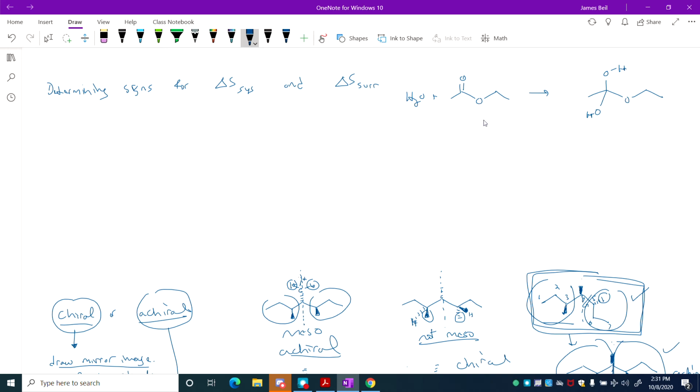So there are a lot of subtle details related to entropy, like the state of matter and the temperature and things like that. But what usually takes priority over all of that is looking at the number of moles of reactants versus products.